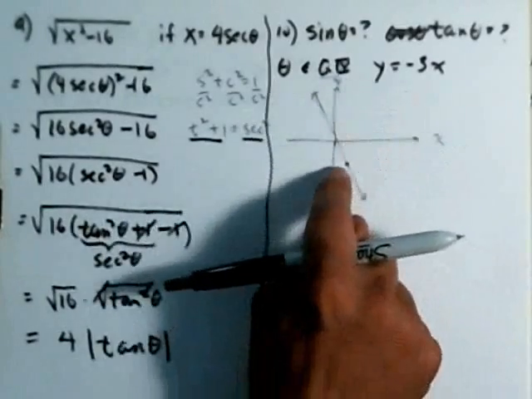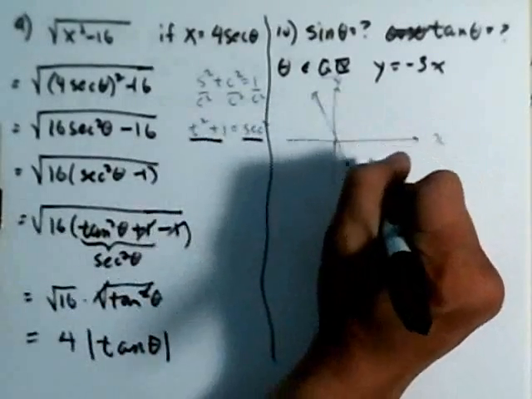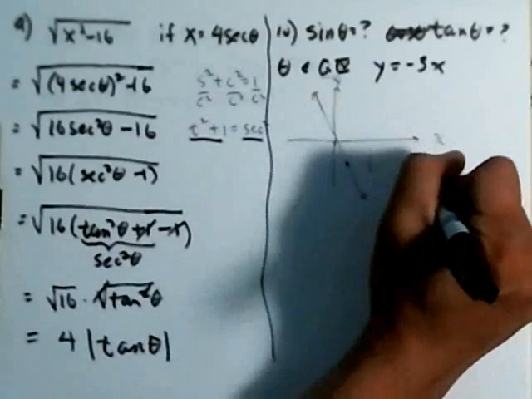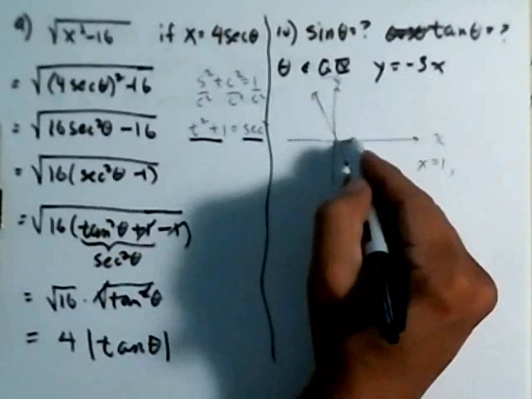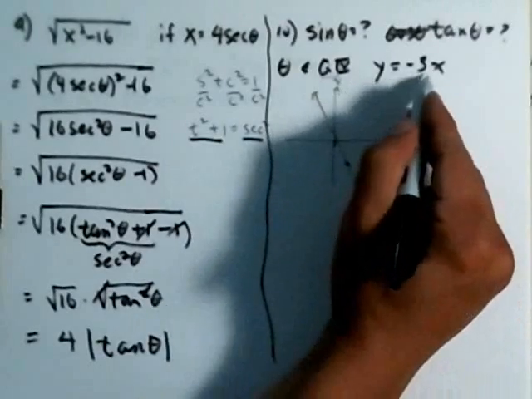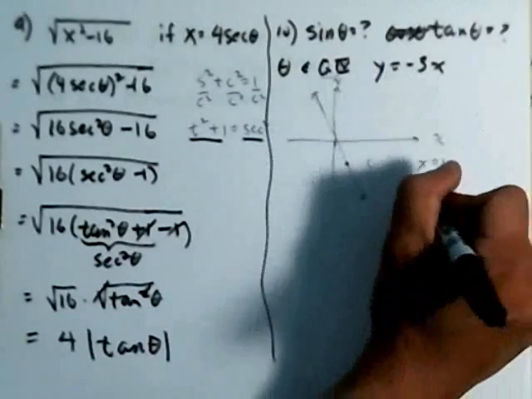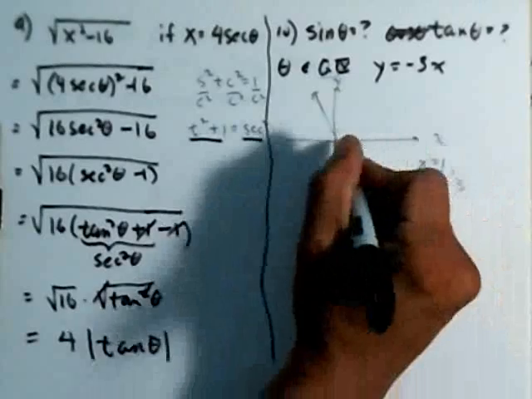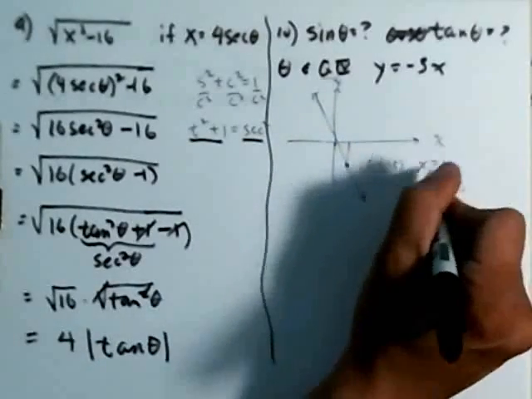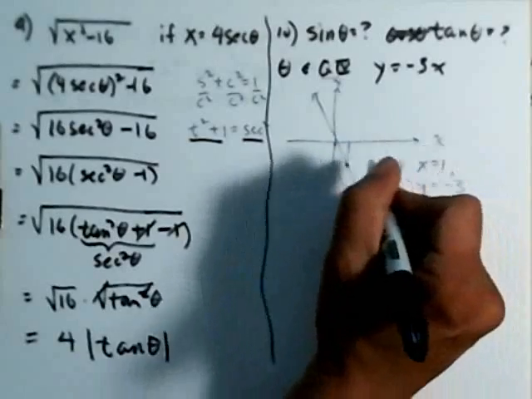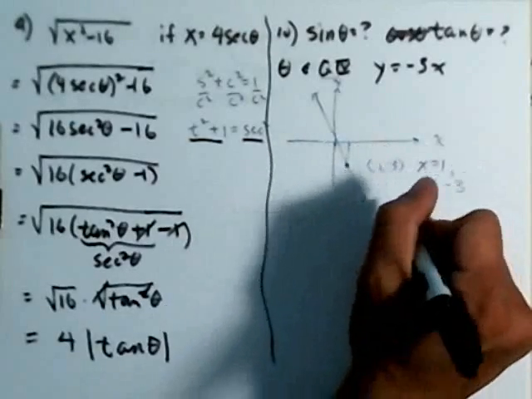Okay? Quadrant 4. If I set x equal to 1, it's in quadrant 1 or 4 so far. If I let x equal 1, my y value is going to be negative 3. And that makes perfect sense. So pick that point, and of course from here you have to figure out what the r value is.